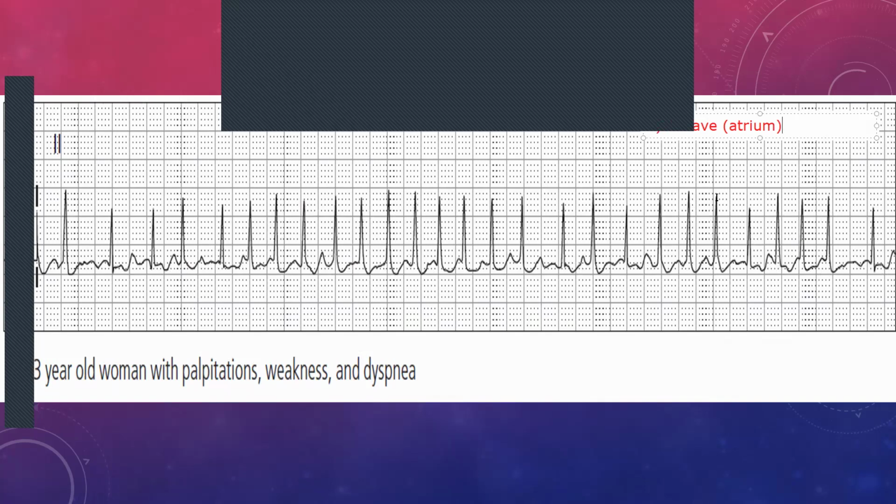Is the atrium always functioning? And things like that. So that's the first thing. Then the second thing that we look at is the PR interval. The PR interval is basically telling us, after the atrium contracts, how long is it taking for that signal to get to the ventricle? So that's number 2.